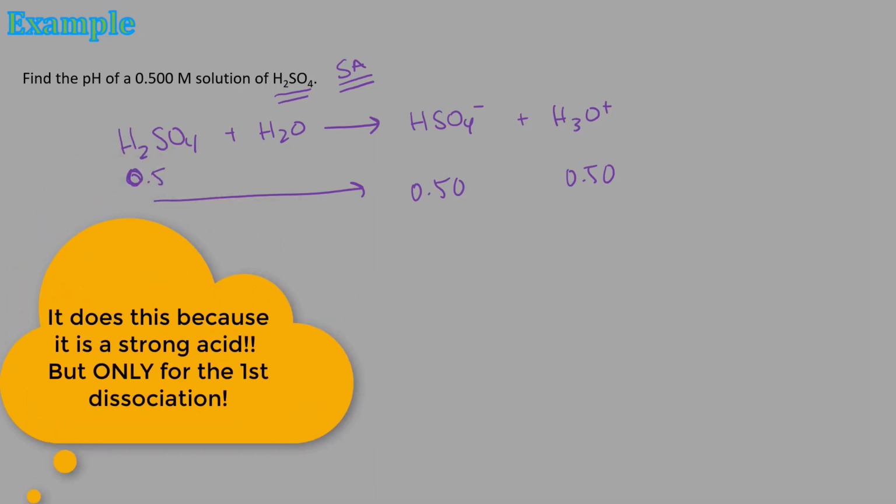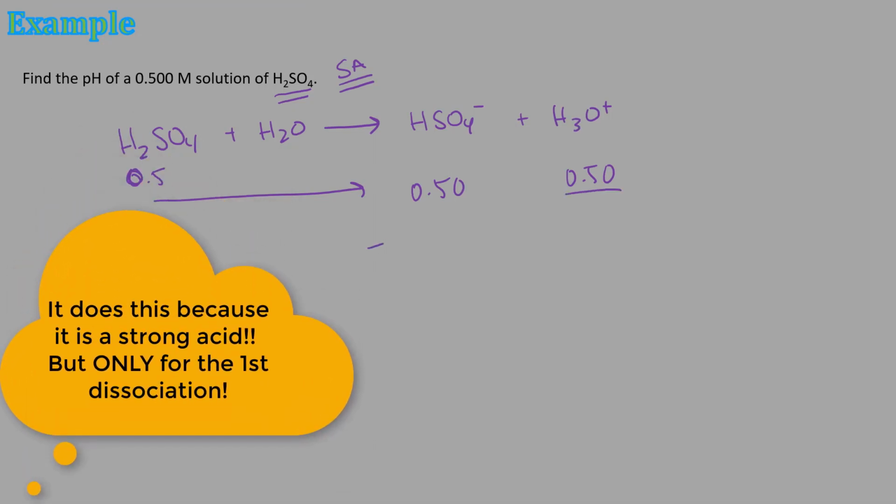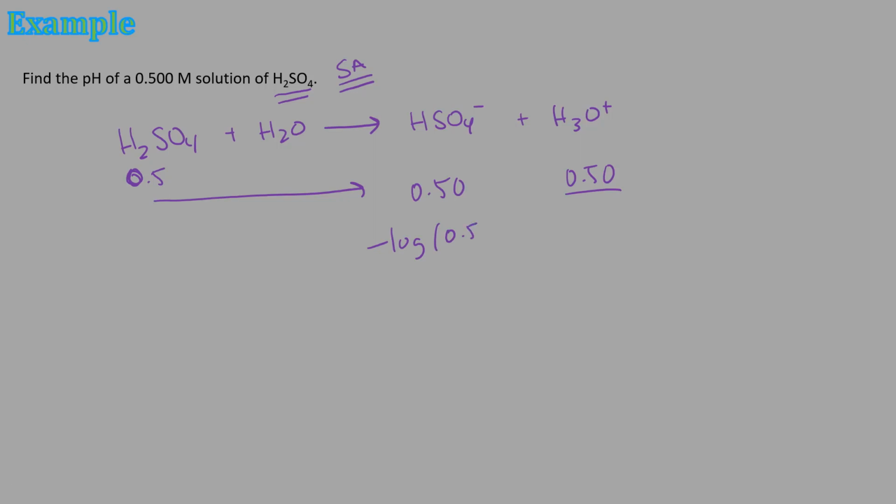I just take the negative log of 0.5, and I end up getting 0.301 as my pH. The second dissociation is so tiny that it's not going to add a significant amount to that 0.5, so the pH really isn't going to be much lower than that.